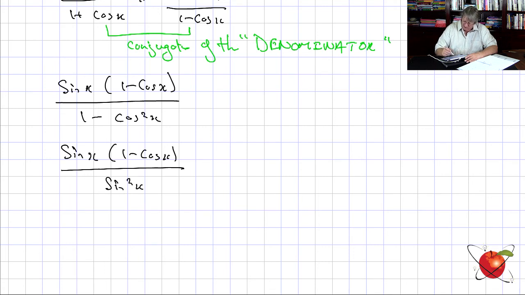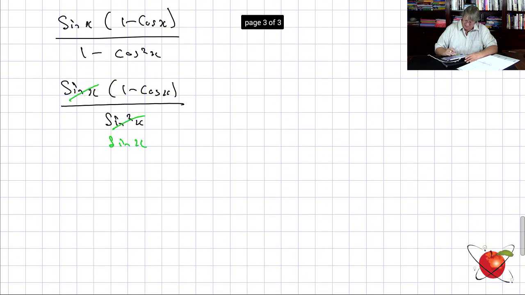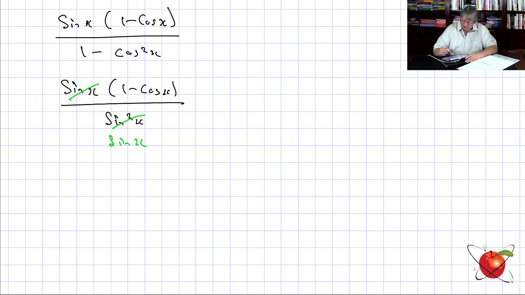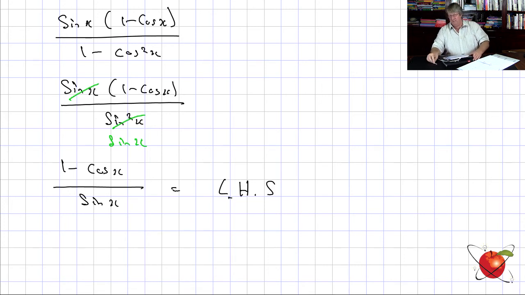Then I can cross cancel, leaving us with sin x at the bottom, and eventually we end up with exactly the same: 1 minus cos x over sin x, which is equal to the left-hand side. Therefore, we've done it.